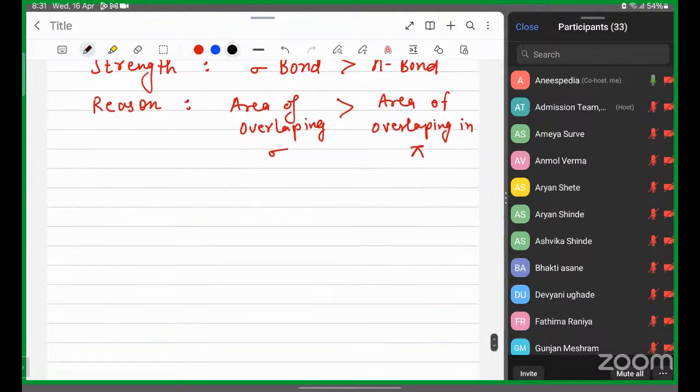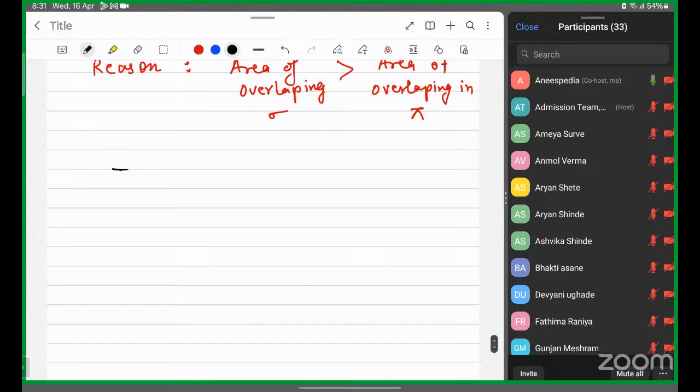Another important point is, if there is only one bond in any molecule, then it will always be sigma. If there are two bonds, then one bond will be sigma and another one will be pi. If there are three bonds, one bond will be sigma and the remaining two will be pi.